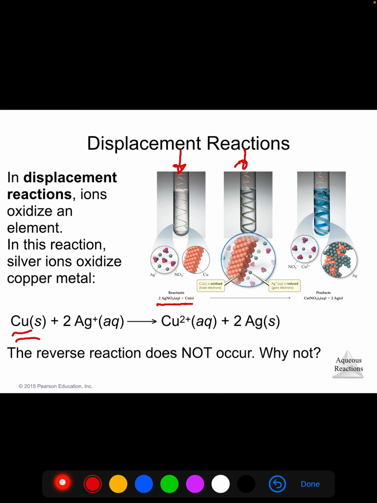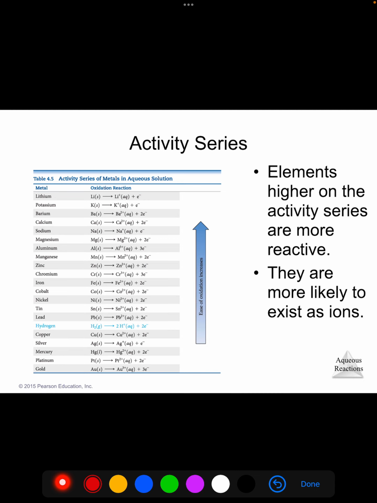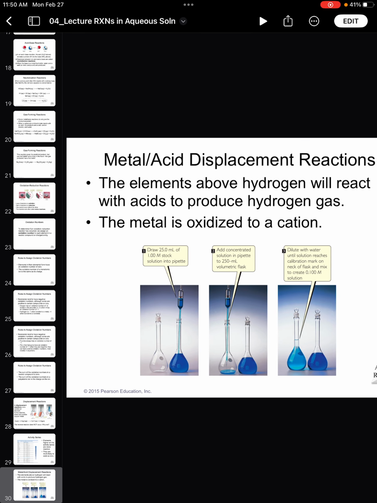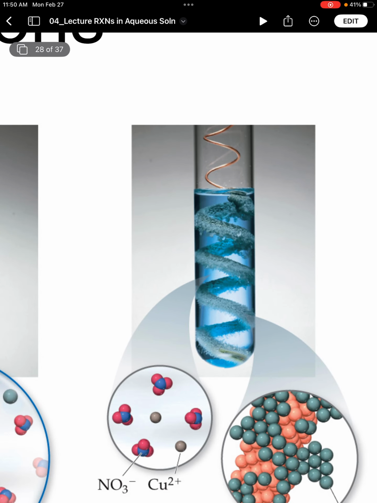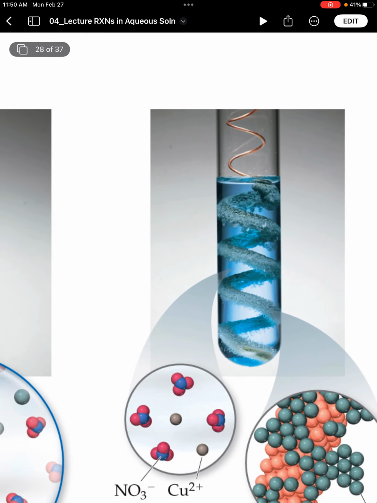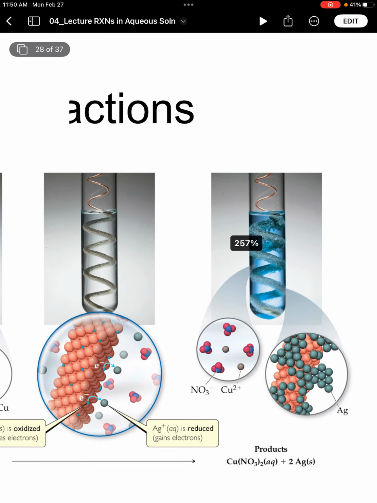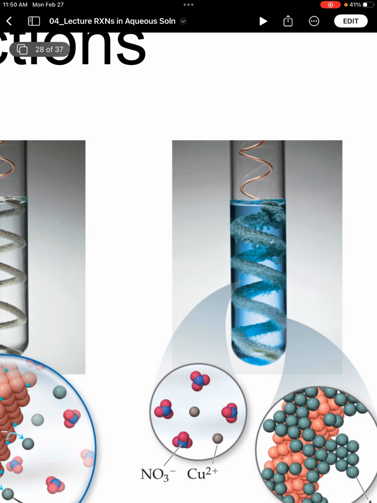It's going to form these beautiful needles, silver, almost crystalline silver, that are absolutely beautiful. These don't look that beautiful, but I've seen them form long, thin, beautiful needles of silver.